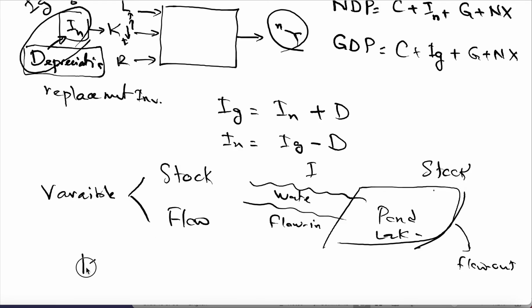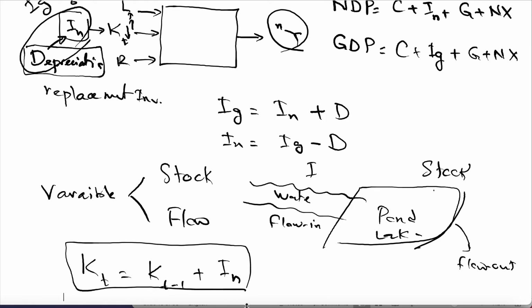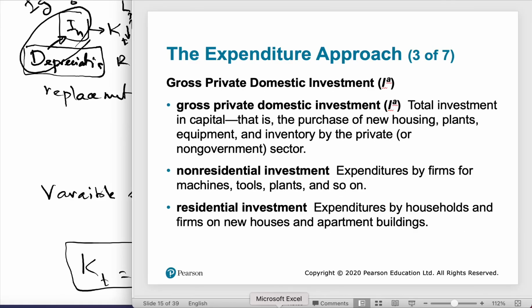So we noted that the stock of capital is the stock in the previous year plus what is being added newly. So this is also important to understand the notion of investment, which is being explained here. So gross investment is the total investment, which is the purchase of new housing, plants, equipment, plus the depreciation.